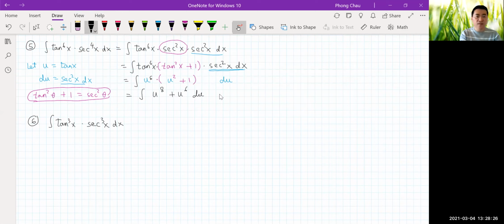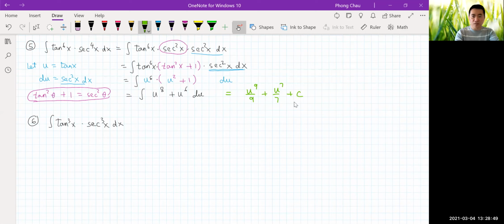Once you have that, I can integrate from there: u to the 9th over 9 plus u to the 7th over 7. This is the integration step: u to the 9th over 9 plus u to the 7th over 7 plus constant.